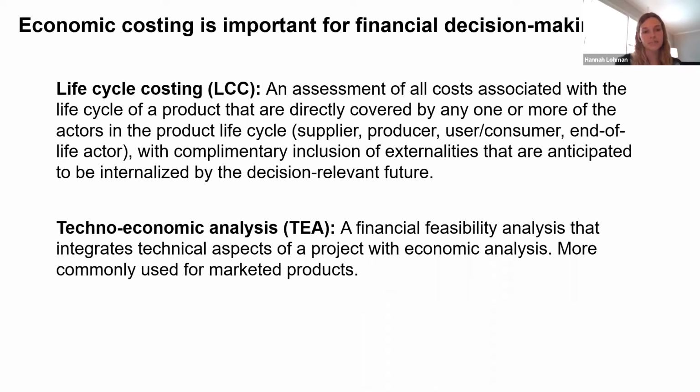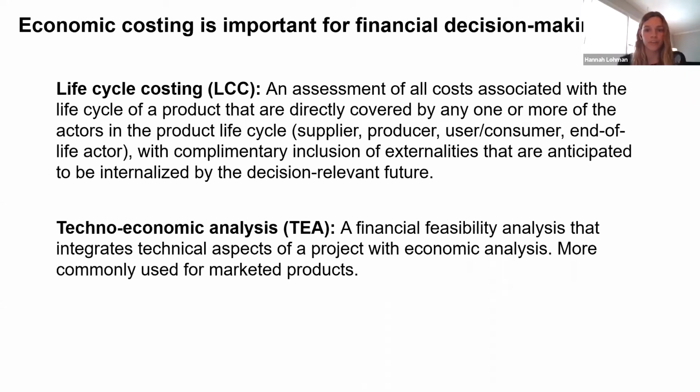And so specifically the definition of life cycle costing is an assessment of all costs associated with the life cycle of a product that are directly covered by any one or more actors within the product life cycle. And so these actors can be the supplier of the materials for the project, the producer and builder of the product, the user and consumer.